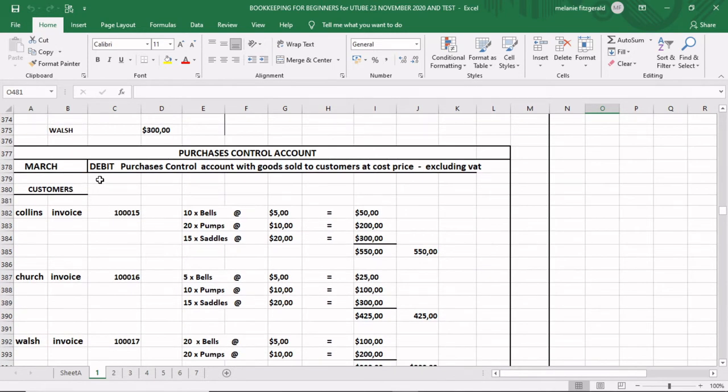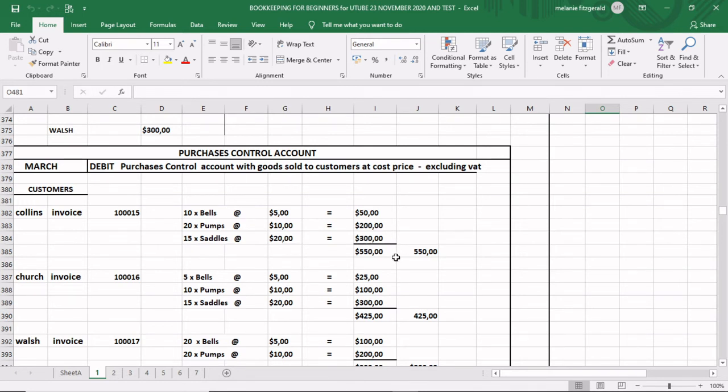All right, so we're going to debit the purchaser's control account with goods sold to the customers at cost price, excluding VAT. So Mr. Collins, he bought 10 bells at $5 each. That's $50. He bought 20 pumps at $10 each. That's $200. He bought 15 saddles at $20 each. That's $300.